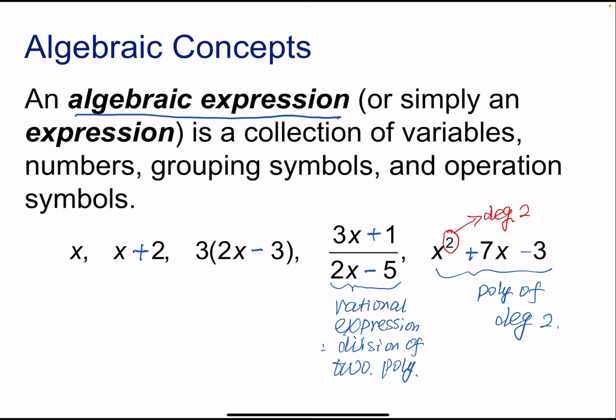And here it's a degree 1 polynomial, and this is also a degree 1 polynomial, and actually this is also a degree 1 polynomial.